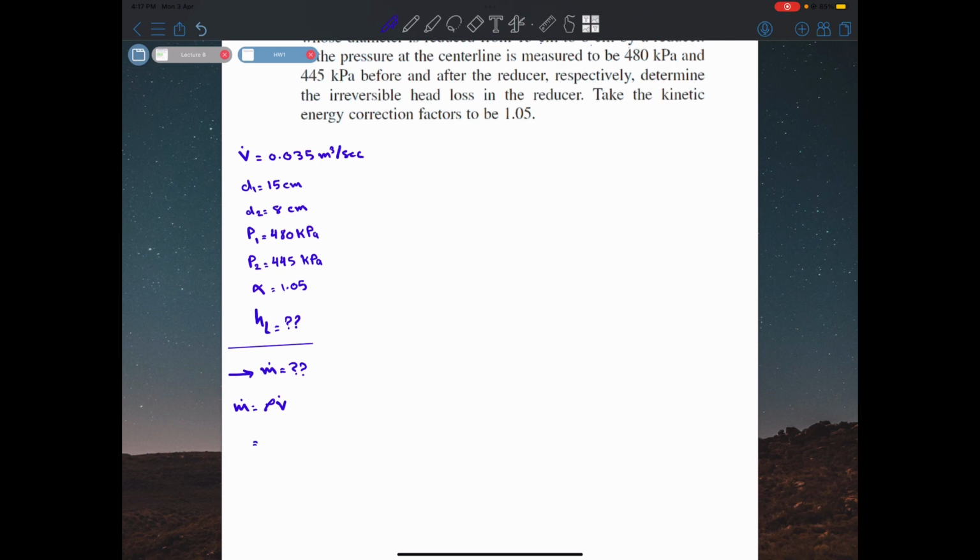I will assume that the density is 1000 because it's not given. So I will plug in the values, and the mass flow rate will be equal to 35 kilogram per second.